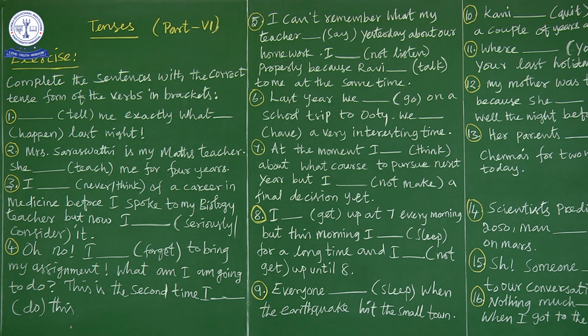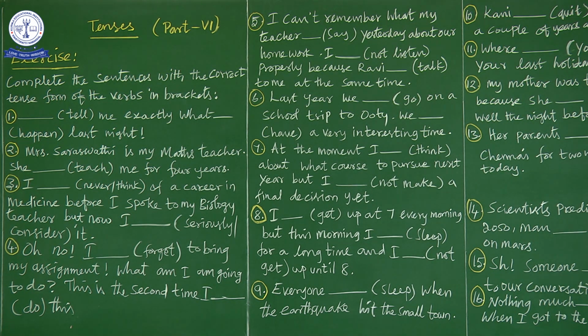And all these 3 tenses have their own 4 subdivisions. In present tense, what are the 4 subdivisions? Simple present tense, present continuous tense, present perfect tense and present perfect continuous tense. And in past tense, there are 4. What are they? Simple past tense, past continuous tense, past perfect tense and past perfect continuous tense.